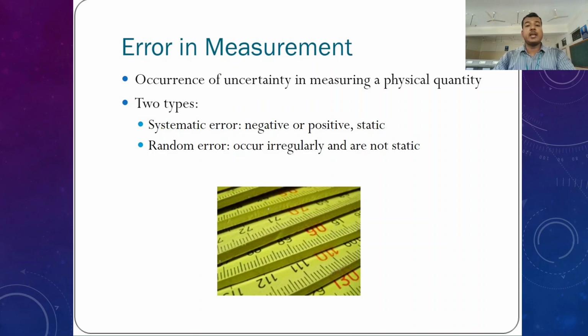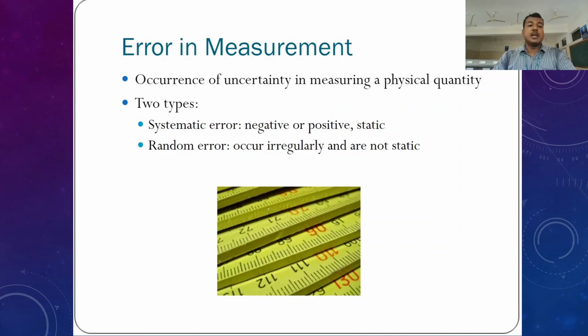Say, for example, if you are going to buy 1 kg of sugar from a shop, the shopkeeper may give 1005 grams, or it might be 995 grams, or whatever. It may not be exactly 1000 grams. These types of errors are generally called static error or systematic error.